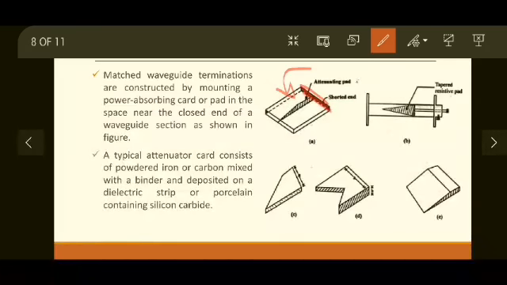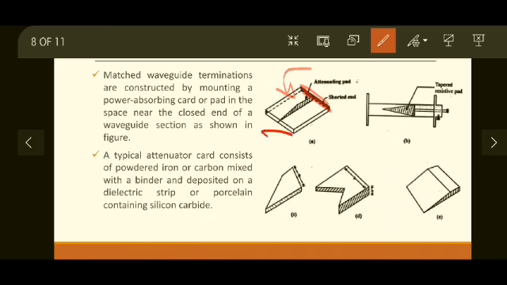A typical attenuating card or power absorbing card consists of powdered iron or powdered carbon mixed with a binder, deposited on a dielectric strip or porcelain containing silicon carbide. So that is the type of material used for constructing these pads or cards.